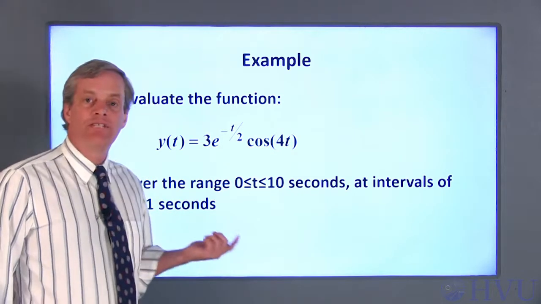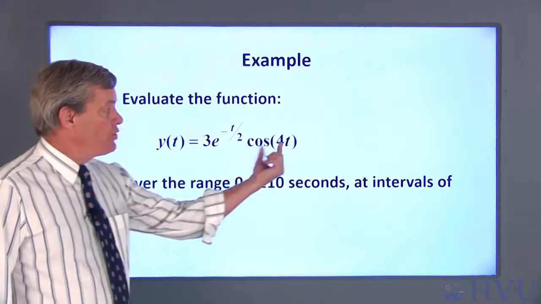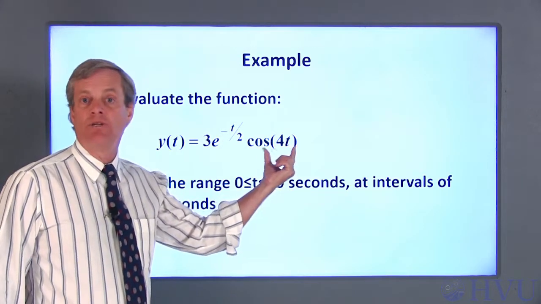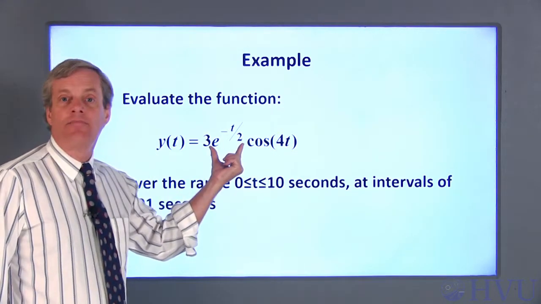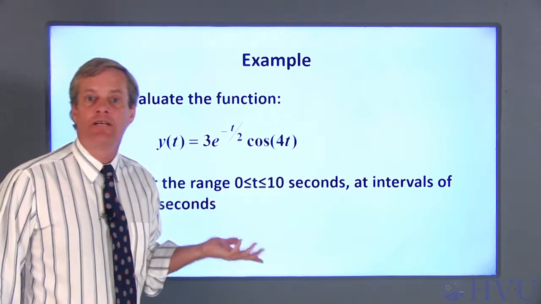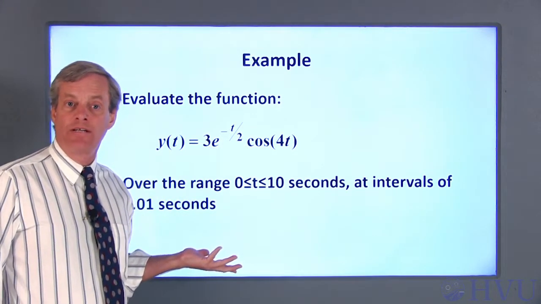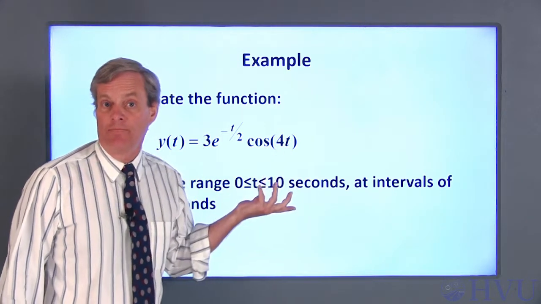We'll have a vector of times with 1001 points in it. So the cosine of 4 times t will also be a vector with 1001 points, as will e to the minus t over 2. This isn't a problem with MATLAB. If we send a vector to the functions that implement cosines and exponentials, we'll get a vector back that's the same size as the input argument.